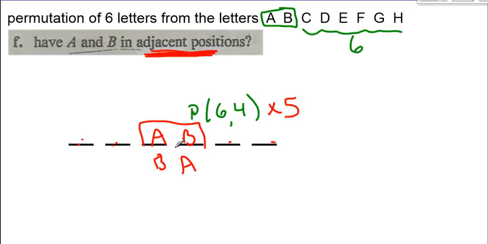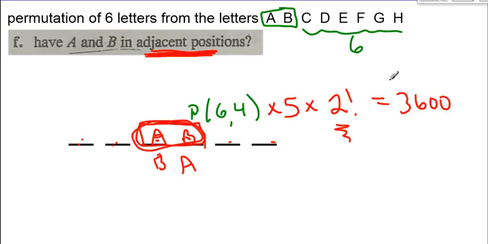So AB could have been BA, which means I'm going to multiply by 2 factorial, because what I'm doing is I'm taking these 2 objects, which are locked together, and saying these 2 objects can be rearranged in this many ways. And so if I do this math, 6P4 times 5 times 2 factorial, I get an answer of 3,600. And that's where A and B are adjacent or side by side.